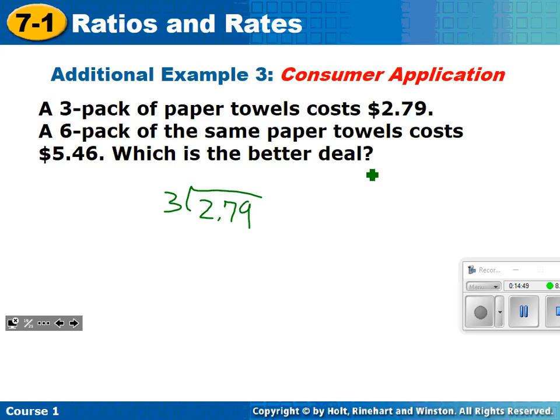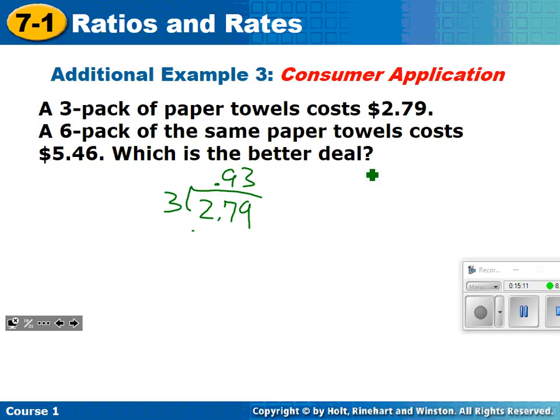Someone got a calculator? So it's 0.93. Oh, we don't even need a calculator. That would go in there 9 times. Okay, 93 cents.